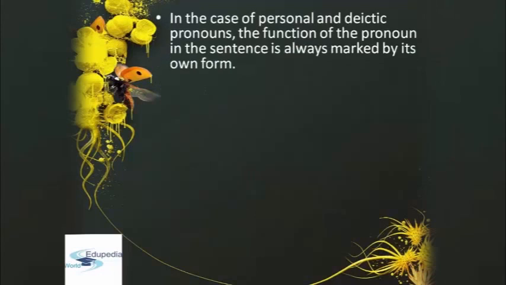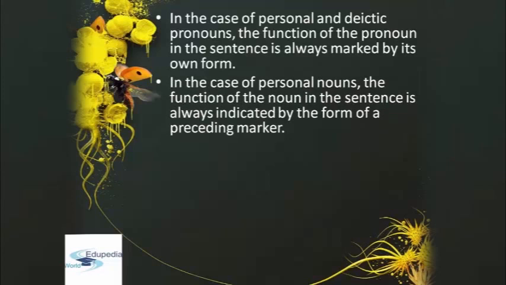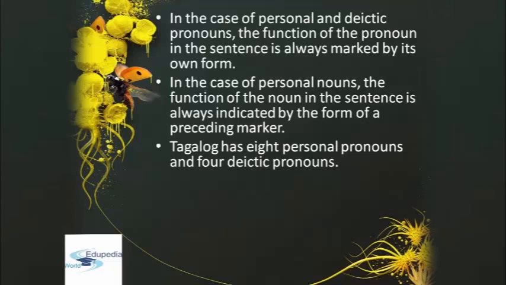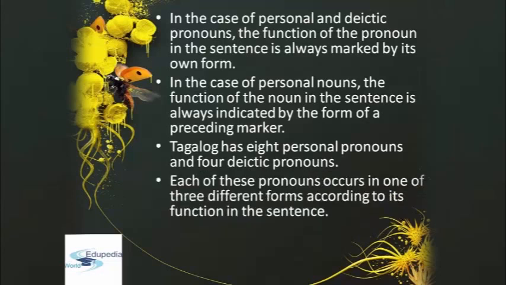In the case of personal and deictic pronouns, the function of the pronoun in the sentence is always marked by its own form. In the case of personal nouns, the function of the noun in the sentence is always indicated by the form of a preceding marker. Tagalog has 8 personal pronouns and 4 deictic pronouns.